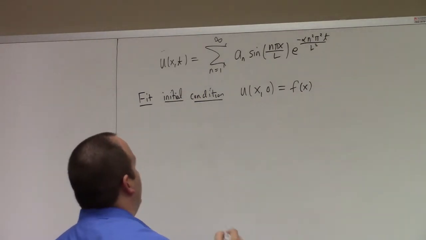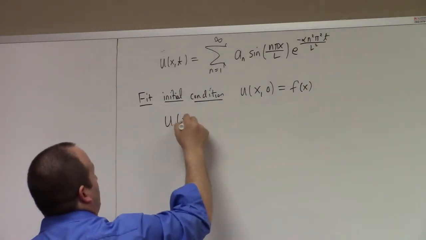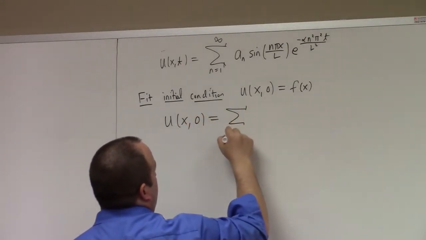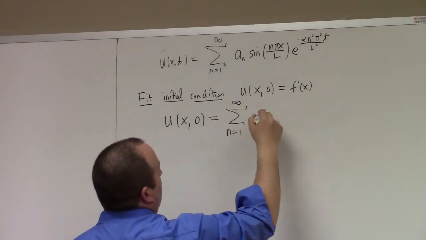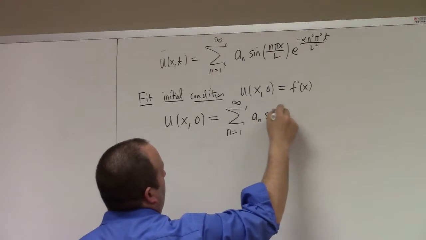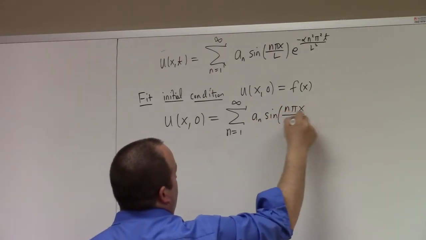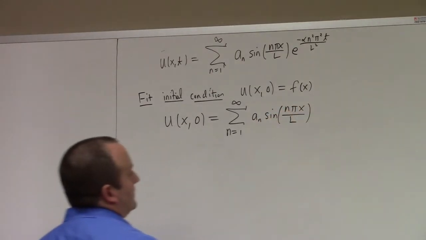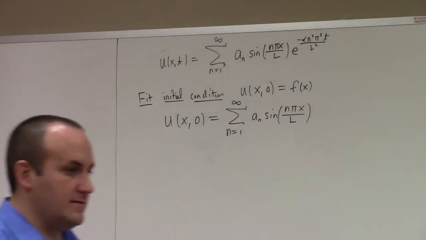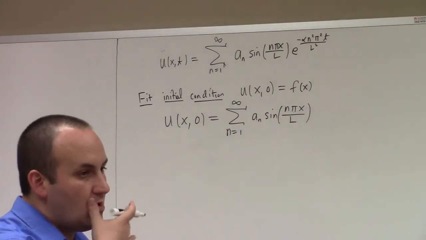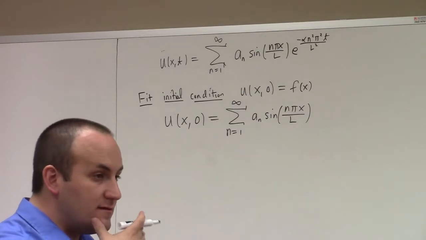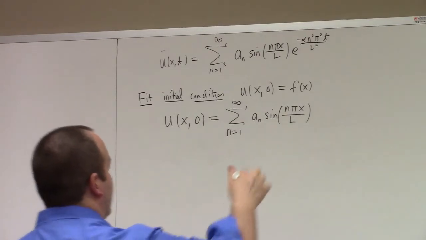So what does that say about our formal solution? If you look at u of x comma 0, what happens? You get the sum n equals 1 to infinity of a sub n sine of n pi x over L. And guess what happens to the exponential? What's e to the 0? Right, because I'm plugging time equal to 0 into here.